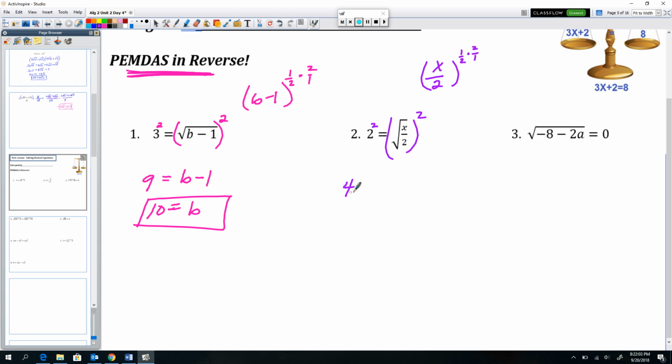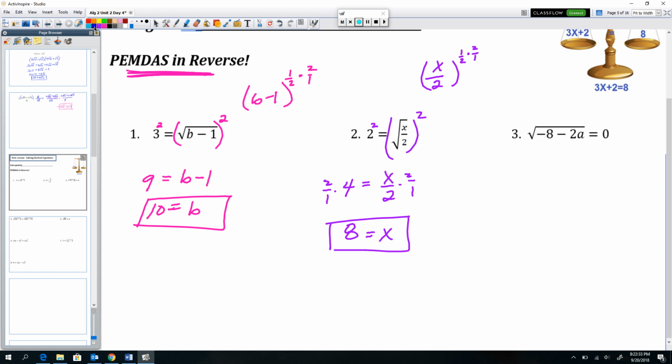So I've got 4 equals x over 2, because that 2 power negated my radical. And of course, we know how to solve this. We multiply both sides by 2 over 1 to take care of that fraction. So x equals 8. If we were to plug 8 back in for x, 8 divided by 2 is 4. The square root of 4 is 2. So we did a good job.